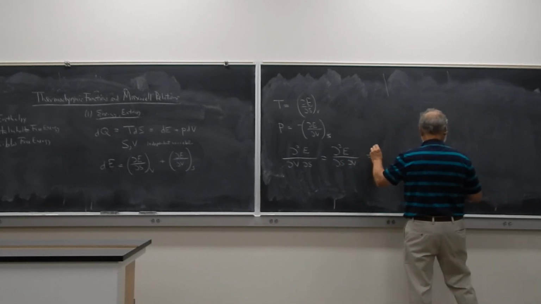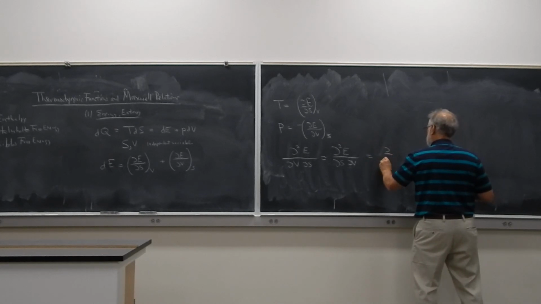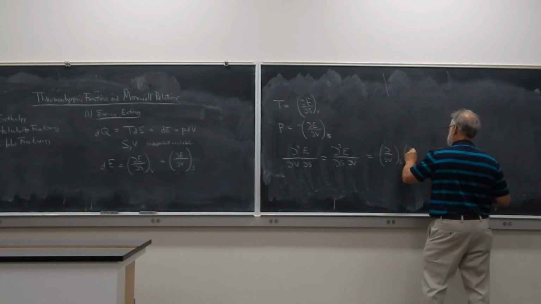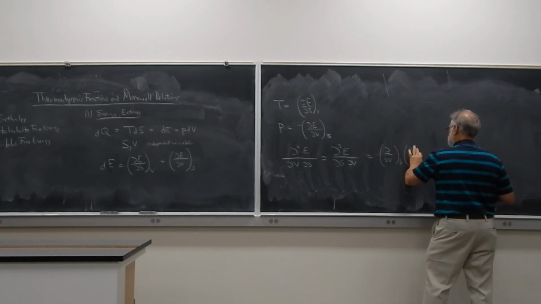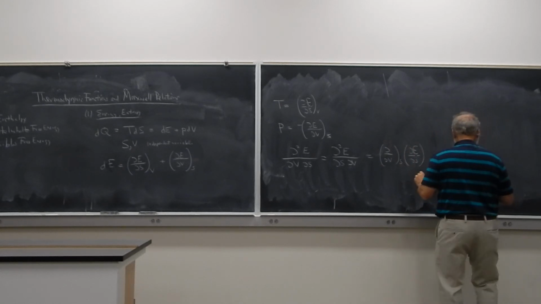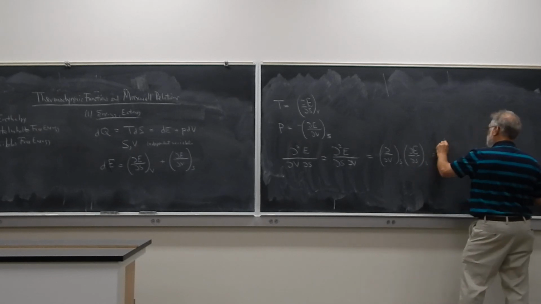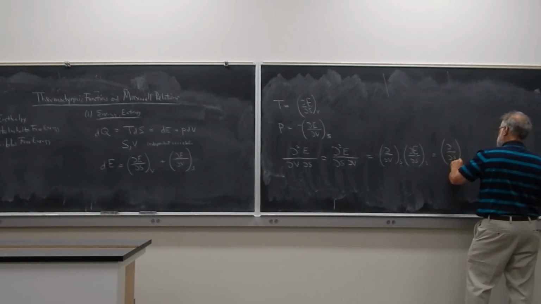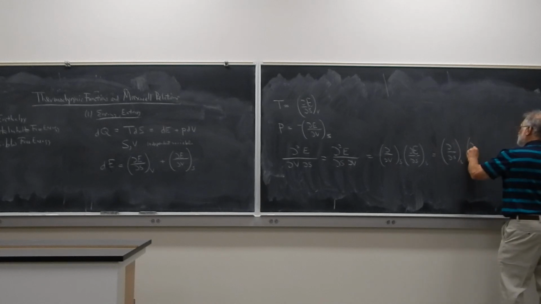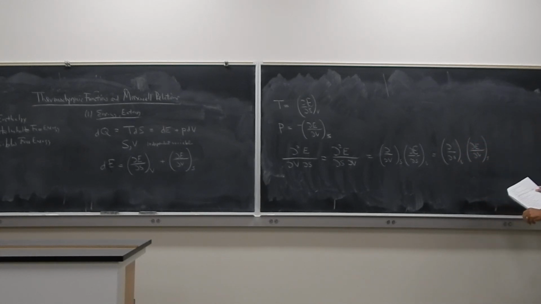Which is to say, if I take d/dV at constant S of dE/dS at constant V, that has to be equal to d/dS at constant V of dE/dV at constant S.